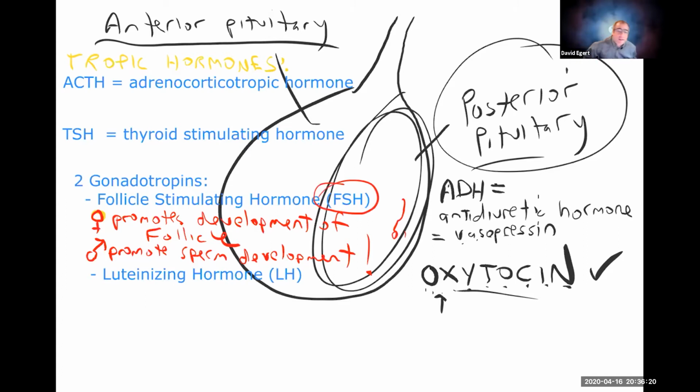It is what is going up at the beginning of a woman's monthly cycle as she's starting to develop the new egg, getting it ready to ovulate. At the middle of the cycle, around day 14, there is a big surge in luteinizing hormone, and this is what triggers ovulation.